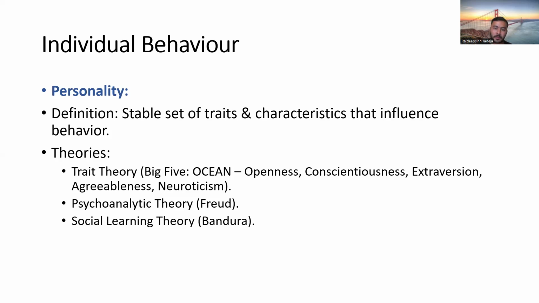And neuroticism refers to how a person reacts, like how his or her brain works in a certain situation and how he or she will react at a certain time at a certain event. Then there is psychoanalytic theory, given by Freud, and social learning theory, given by Bandura.